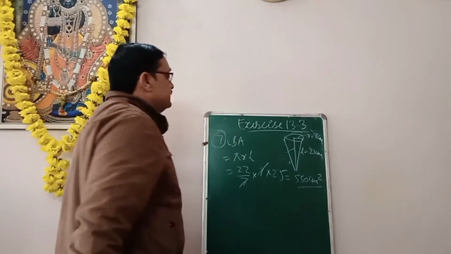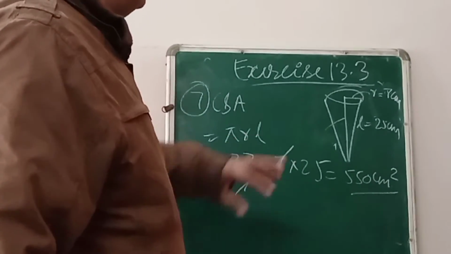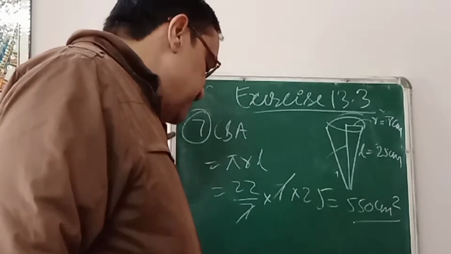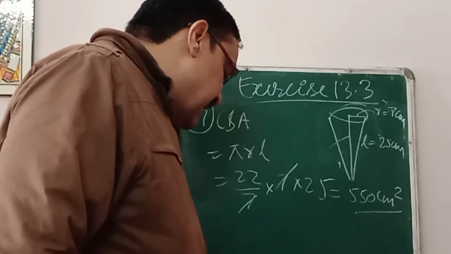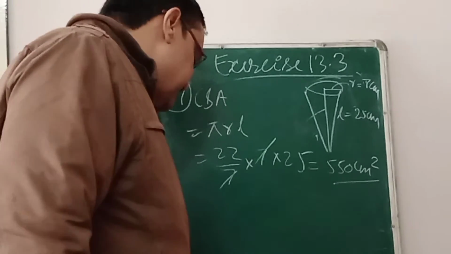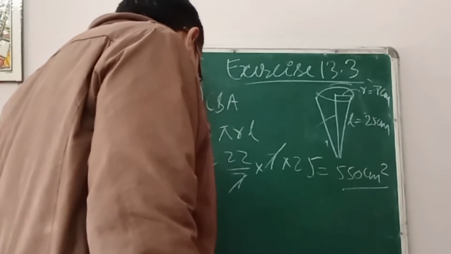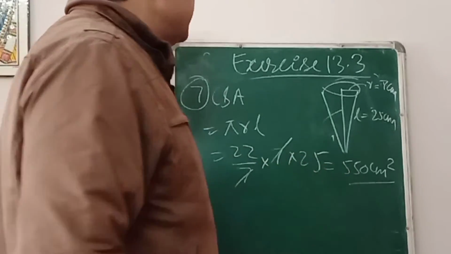So this curved surface area, we need to make this cap. Now the sheet from which this cap is being made should have this much area, and we need to make 10 such caps.